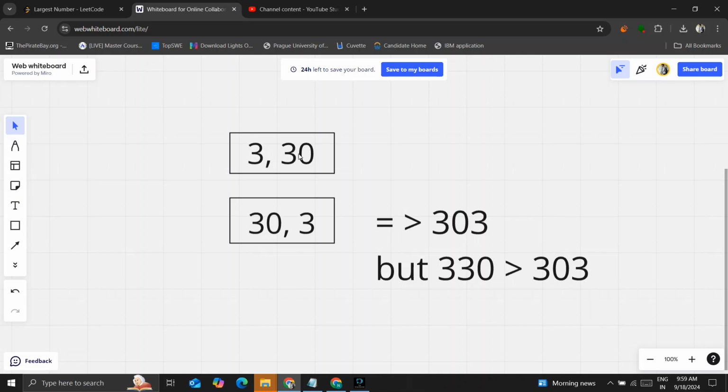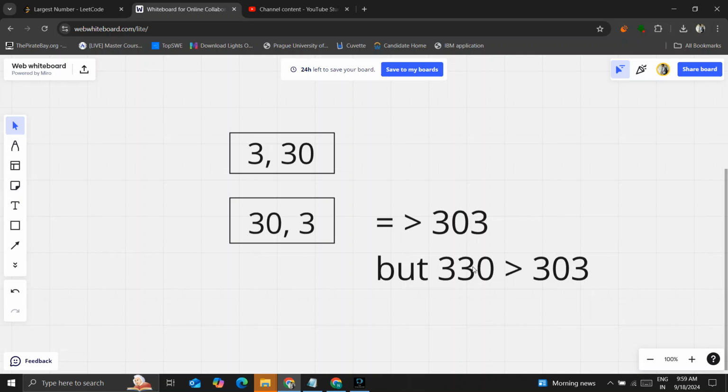Now if I sort it in descending order, it becomes 30 and 3, right? And now I take one string variable and store all these values in this descending order only. So 303 would be our answer.